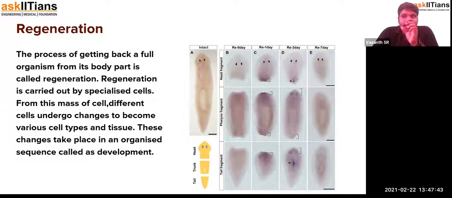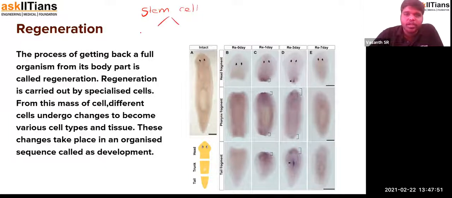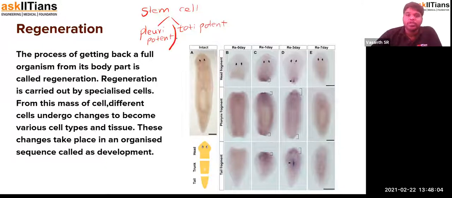There are certain types of stem cells. Stem cells involve two types: pluripotent and totipotent. So what is pluripotent and what is totipotent?